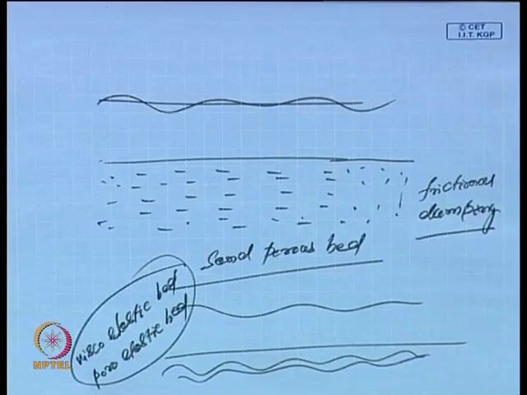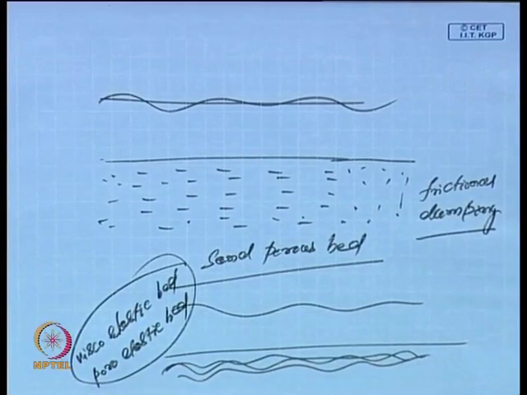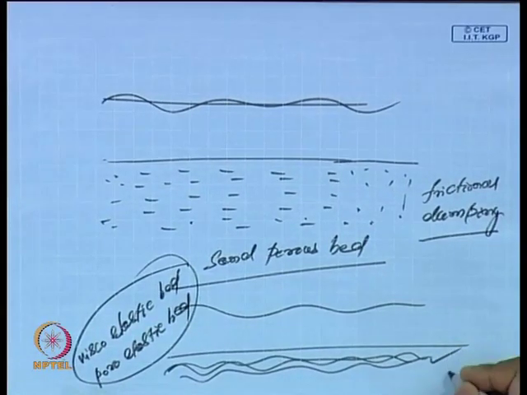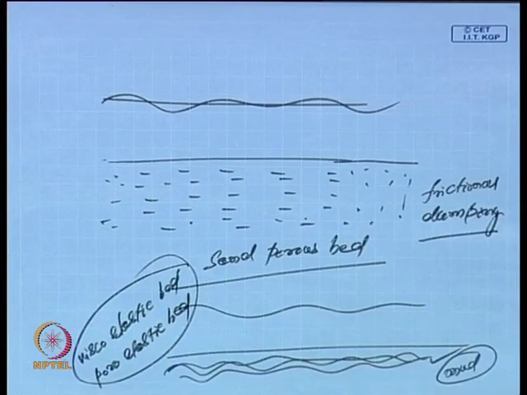Then also we will see that due to deformation, dissipation and porosity, energy dissipation will take place. In the theory of mud, the bottom bed is often defined as a poroelastic bed or a viscoelastic bed.